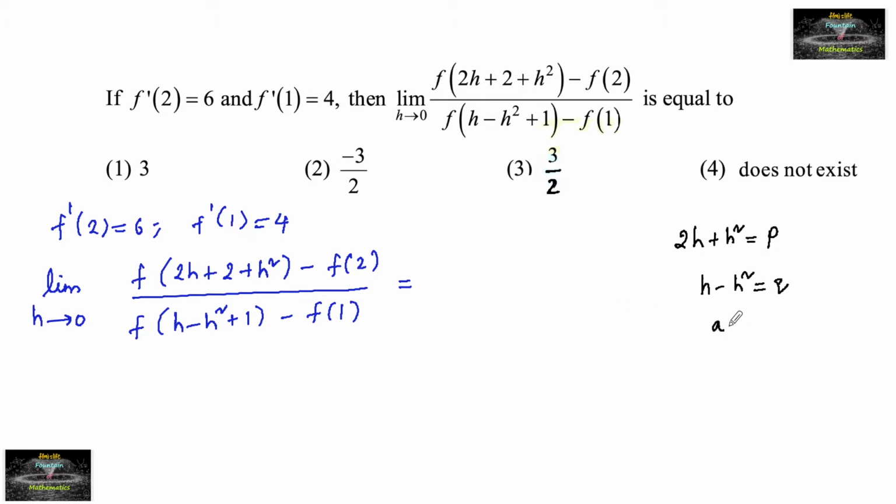As h tends to 0, 2h + h² tends to 0, which implies p also tends to 0. Also we can say q also tends to 0.